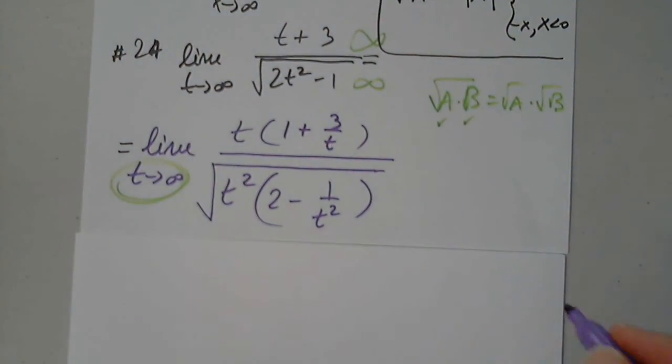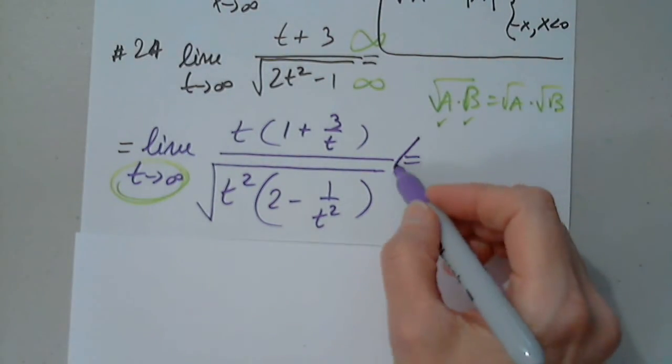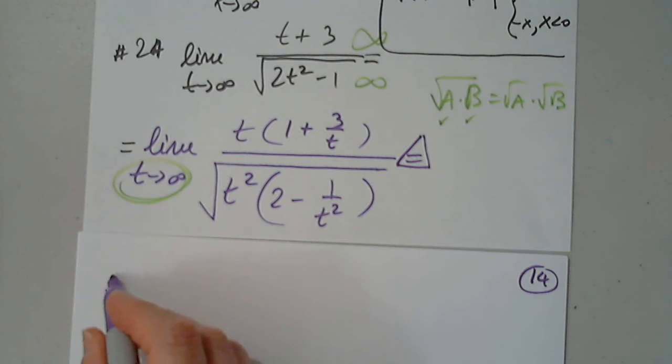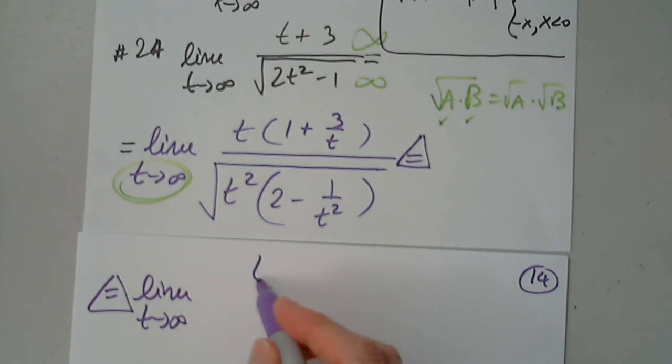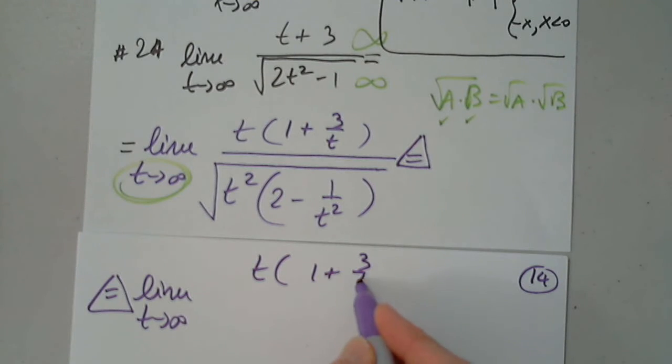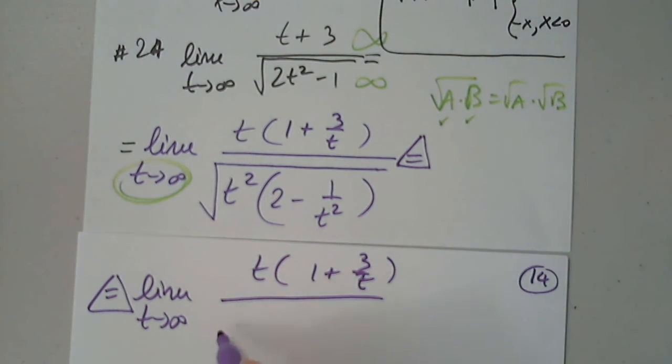So I have to write a few steps. I have to write the limit as t approaches infinity of t times (1 plus 3 over t). I have to emphasize this property first so everyone knows what we are doing.